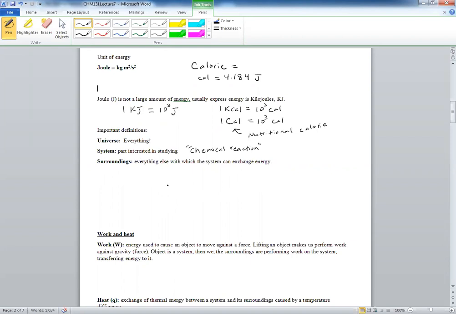So imagine you have a flask, and this flask has a reaction mixture.